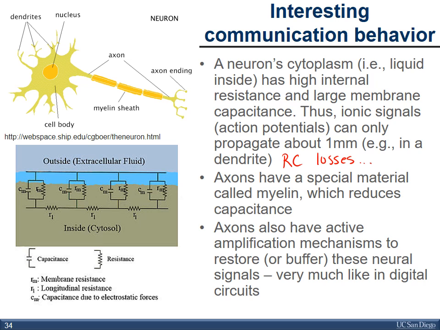In addition, axons also have mechanisms to do active amplification or buffering, basically like digital logic gates. This is pretty cool, actually, how this works. We could have a whole course studying the cellular biophysics of how this works, but for the moment, let's just imagine that this is a distributed transmission line. We have repeaters that go here occasionally that help to keep the signal propagating along.